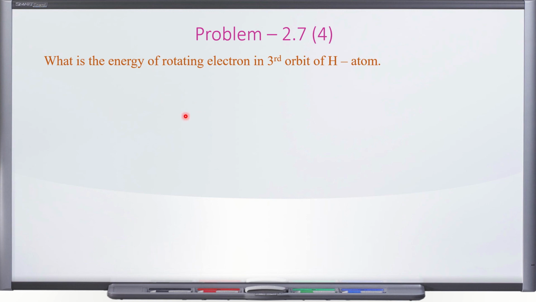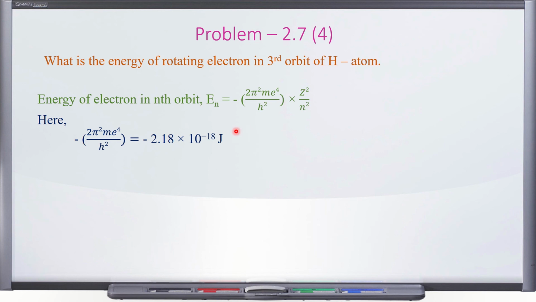So we will use the formula: energy of electron equals minus 2 pi square m e4 divided by h square, into z square by n square. You can use all the terms here and calculate the value, or you can memorize the value. This value is minus 2.18 into 10 to the power minus 18 joule.